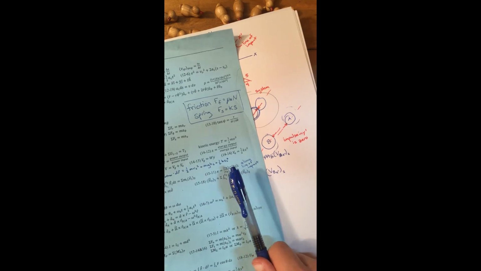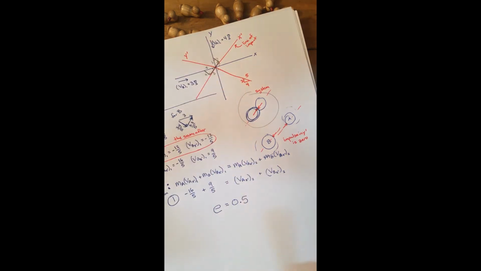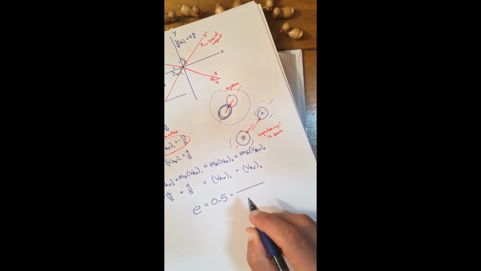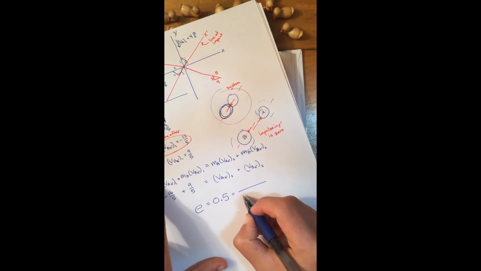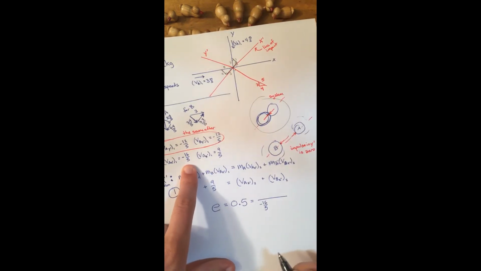It's the difference of the final velocities in the numerator and the initial velocities in the denominator, and whatever object comes first in the numerator does not come first in the denominator. So let's put A first in the denominator. So this would be minus 16 divided by 5 because that component is negative.